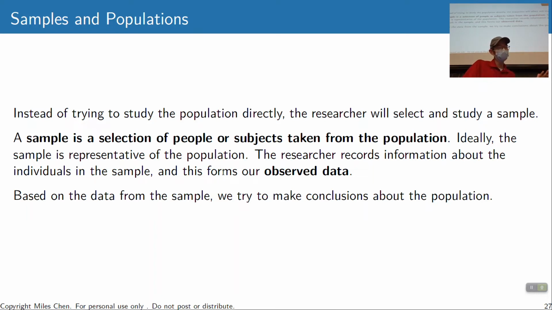And now we look at our sample, our observed data, and based on that, we're going to try to make conclusions about the population. So, we survey 800 people. In those 800 people, we ask, who are you going to vote for in the fall for this particular election?